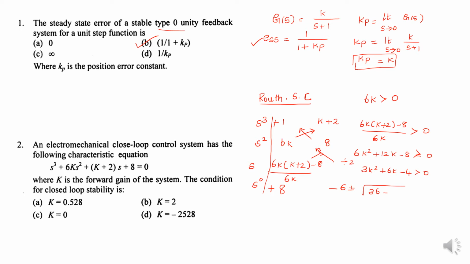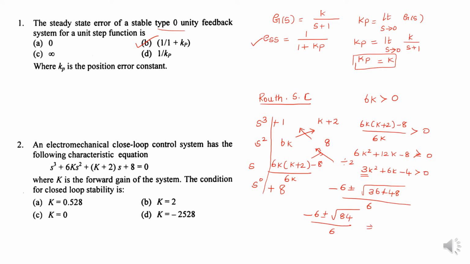Since one minus and another minus are there, it becomes plus. 4 into 3 is 12, and 12 into 4 is 48. Plus 48, the whole divided by 2a, so 2 into 3 is 6. So minus 6 plus or minus square root of 84, divided by 6.